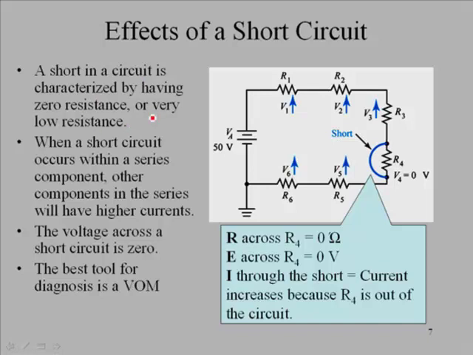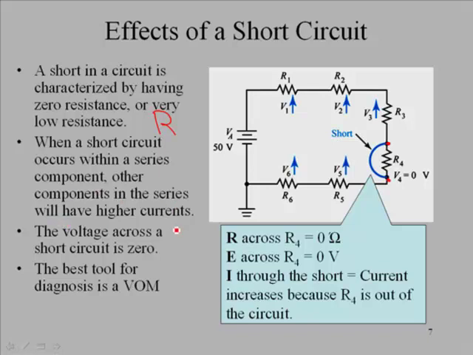So again, if the circuit is turned off and we are measuring resistance, and we measure from this point to this point, we're going to measure, and this is the case of a short, either a very low resistance or zero resistance. When a short circuit occurs within a series component, other components in the series will have higher currents.